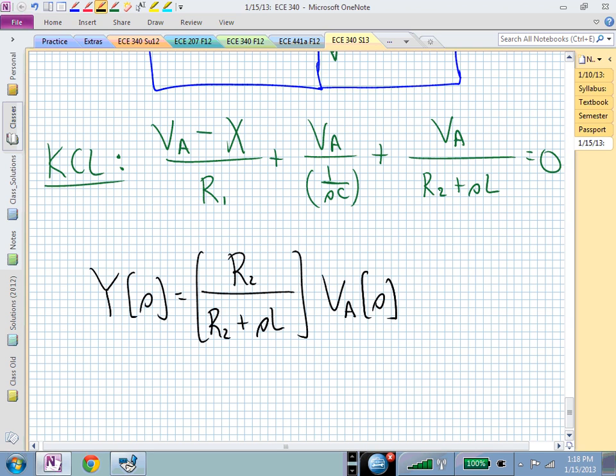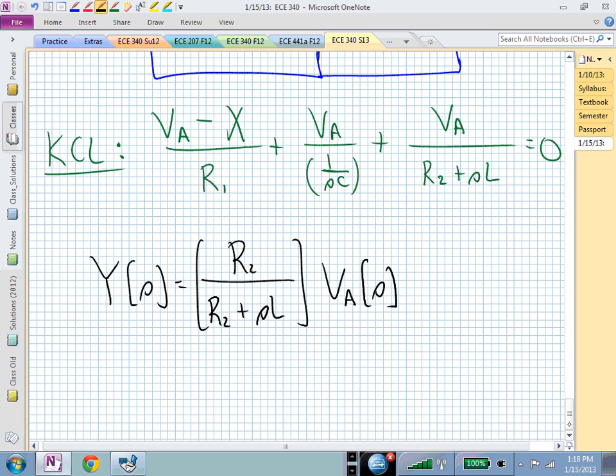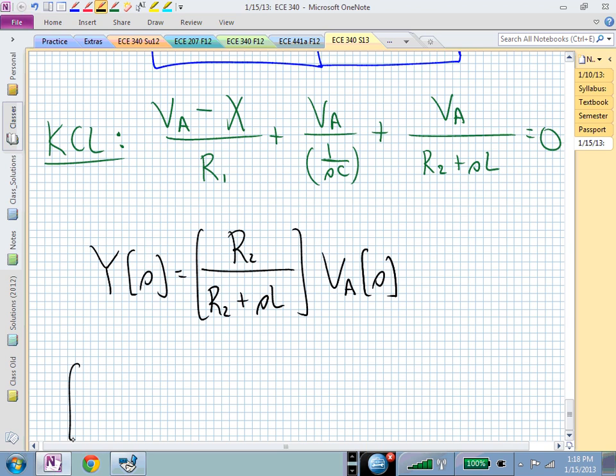Let's see if we do. If we go back to this equation for V sub A, I have 1 over R1 plus SC plus 1 over R sub 2 plus SL, times V sub A, and all of that is equal to 1 over R sub 1.